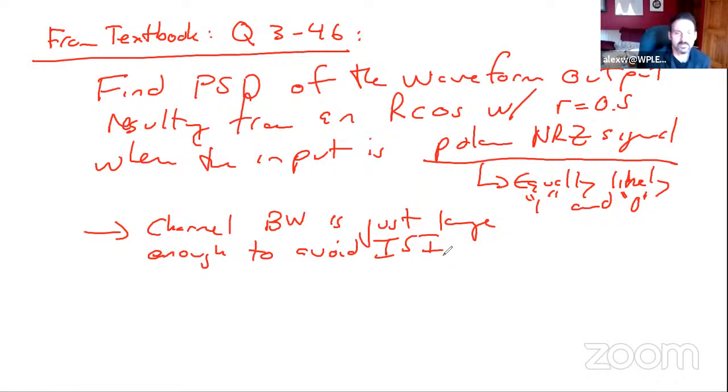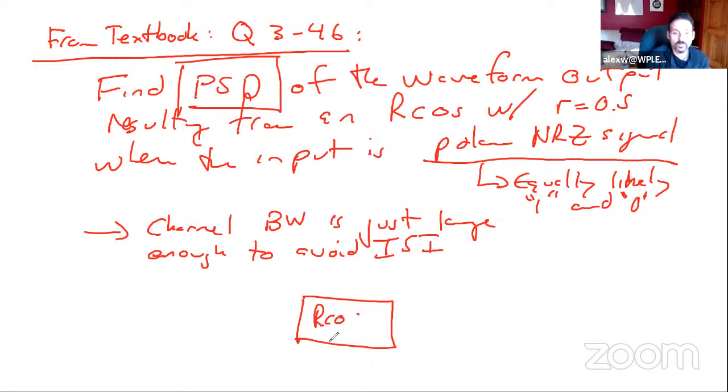So what this means is, let's decode this. PSD, all right? So power spectral density of the output. So let's look at this. I have a system. Here's our RCOS. The roll-off factor is 0.5. I have an input PSD, that's polar NRZ, and it's 50-50 ones and zeros.